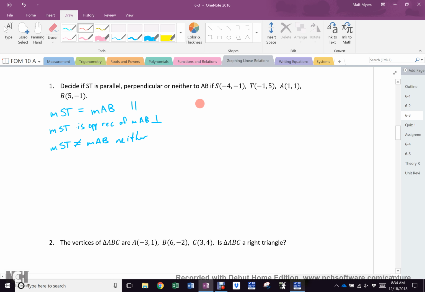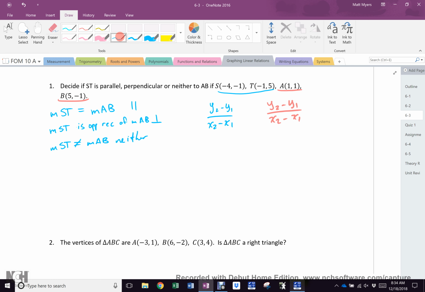Excellent. I have for the ST, which I will do in blue, y2 minus y1 over x2 minus x1. And then I'm going to check that against what? Same thing, but in pink. Go ahead and do that.